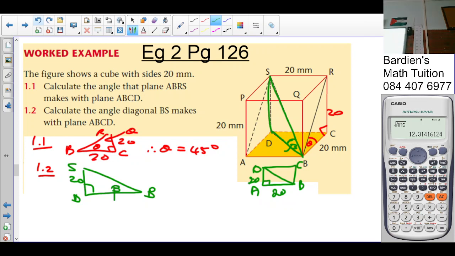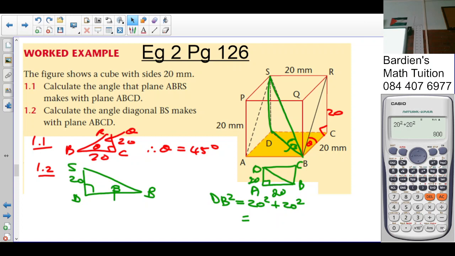So DB is your hypotenuse in that triangle. So DB squared is equal to 20 squared plus 20 squared, which is 400 plus 400, 800. The root thereof is 20 root 2. Okay, which is this length here.